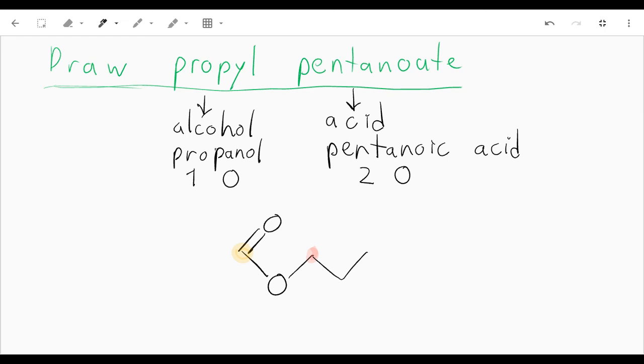So we have 1, 2, 3, 4, 5. And that's how we would draw propyl pentanoate. We have 5 carbons on the 2 oxygen side and 3 carbons on the 1 oxygen side, originally created from propanol and pentanoic acid.